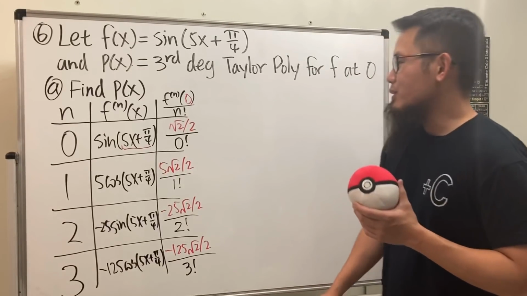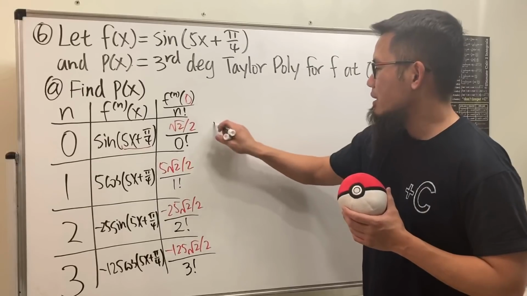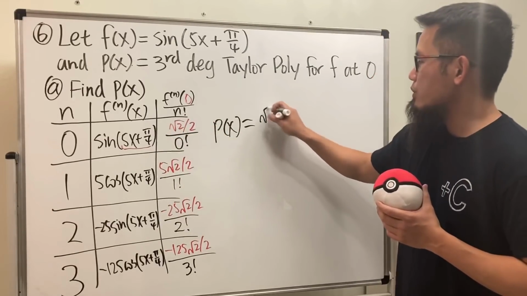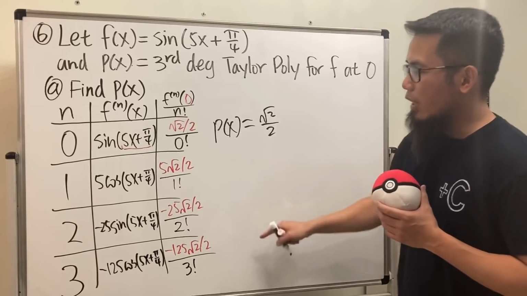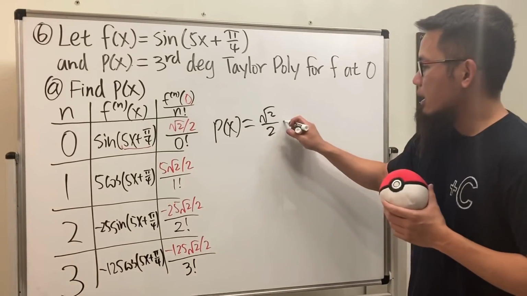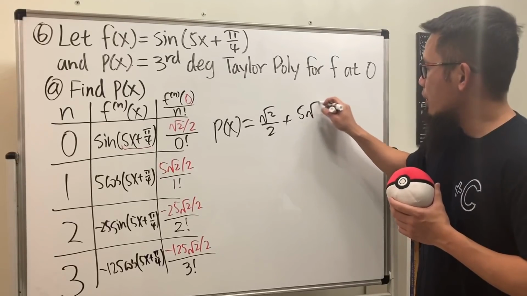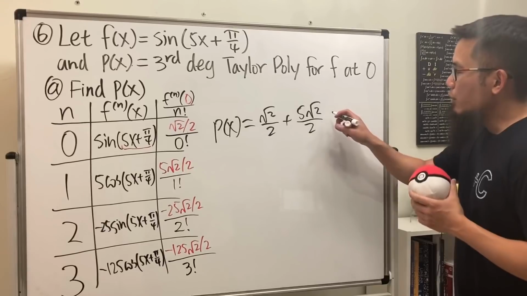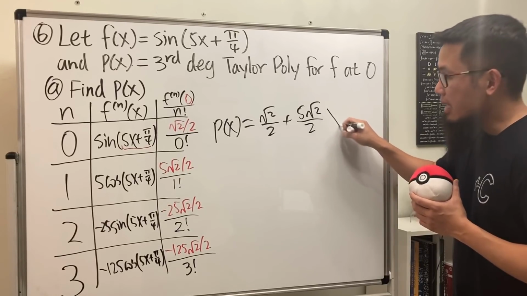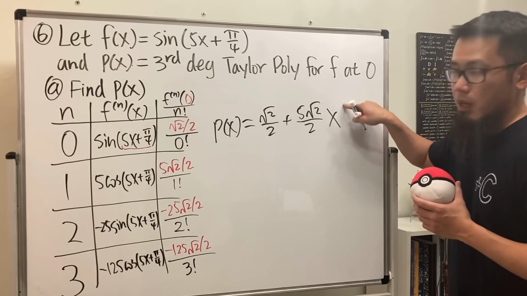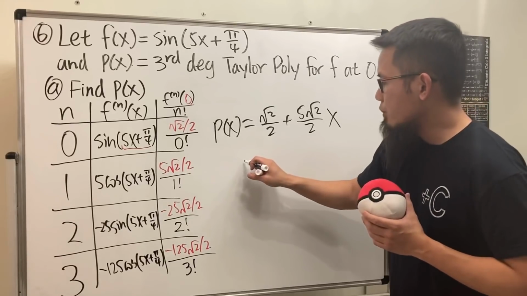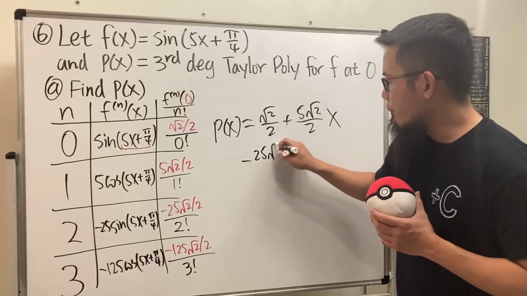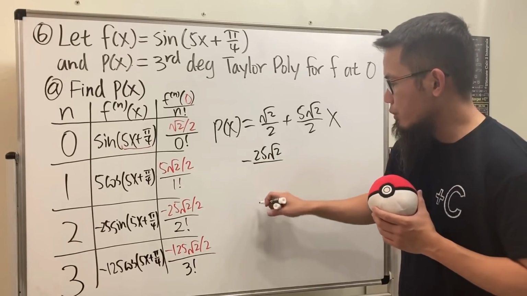So finally, I'll just write this down for you guys. We'll just say p of x, this right here is equal to this first term, which is just square root of 2 over 2. And then we are going to add it with next, which is 5 square root of 2 over 2 times 1 factorial. Doesn't really matter. But you have to make sure you multiply by x minus 0 to the first power, right? And then we'll continue. We are going to subtract. Here we have 25 square root of 2 over 2.